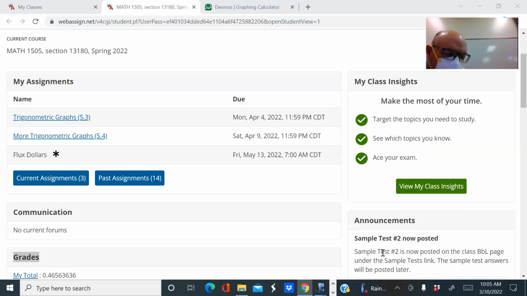Now, on Monday, in addition to regular lecture, we will go over some of the problems on the sample test. But the sample test is kind of lengthy, so we won't go through all of it on Monday. We'll just hit some highlights. And I will also video a discussion of some of the problems on the sample test.